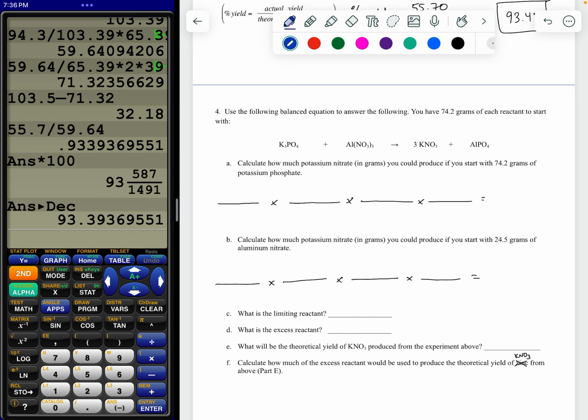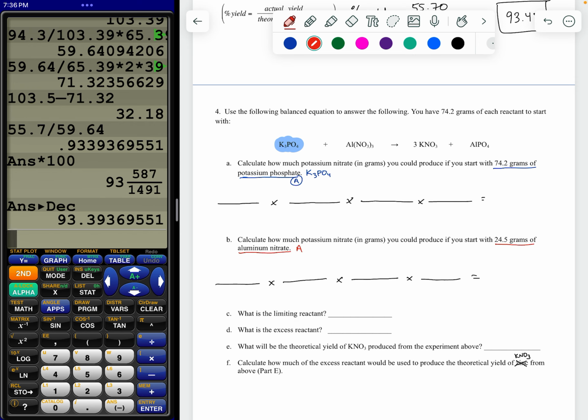I'm going to identify the starting amount and substance, in this case potassium phosphate. That is K3PO4. This is going to be substance A up here, and I'm going to mark that there. In this case, 24.5 grams of aluminum nitrate.